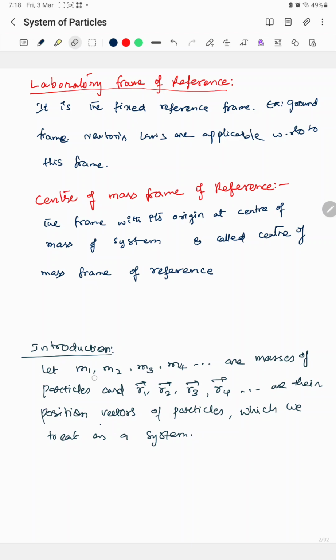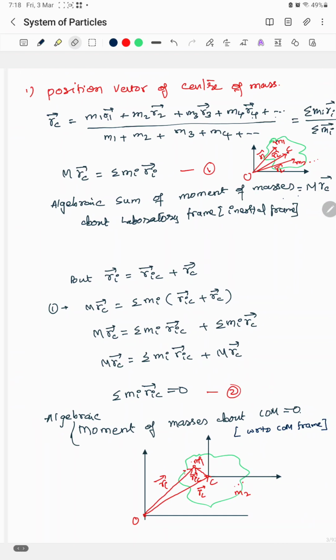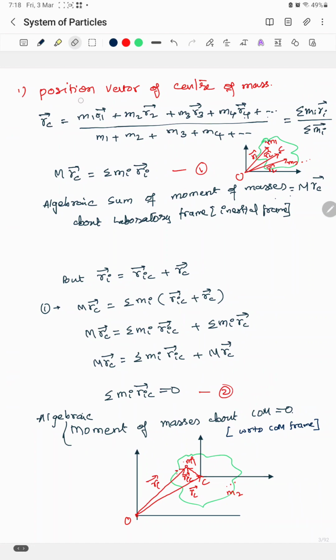Now let m1, m2, m3, m4 and so on be the masses of particles within the system, and r1 bar, r2 bar, r3 bar, r4 bar and so on are the position vectors of the particles which we treat as a system, and these position vectors are with respect to the laboratory frame of reference. Now we know the definition of position vector.